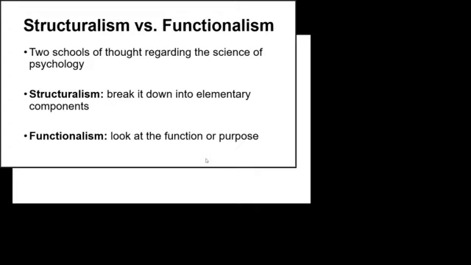All right, so continuing with Wundt and his students, we're going to come into our next duality, our two contrasting fields. And we're going to talk about the idea of structuralism versus the idea of functionalism. And so these are two different schools of thought, and they differed on how psychology should be approached. They differed on what they thought psychology should study. So structuralists, which include Wundt, would want to break down the mind and our cognition into the elementary components, into little building blocks.